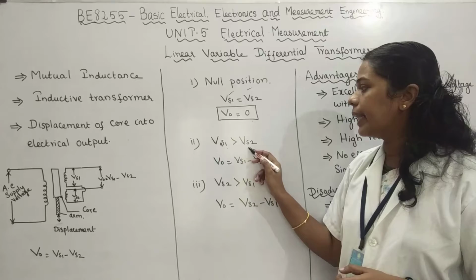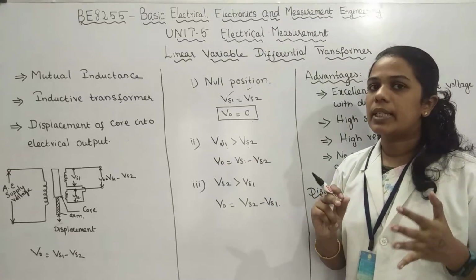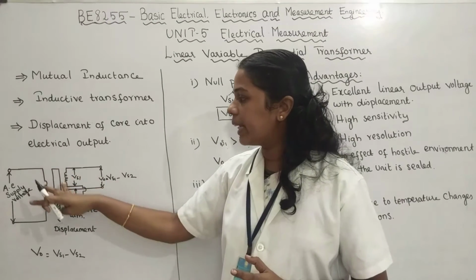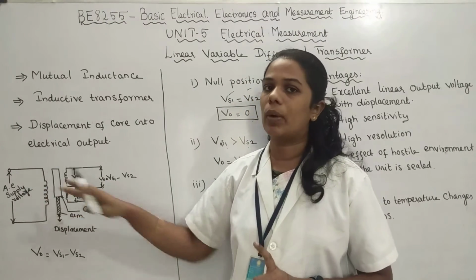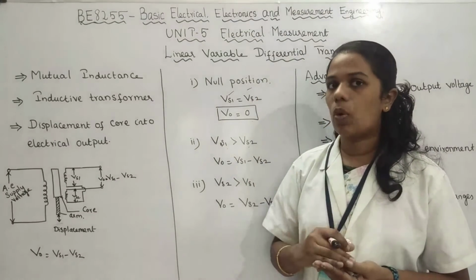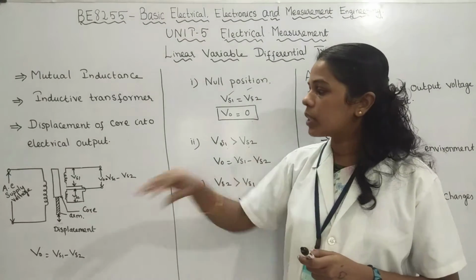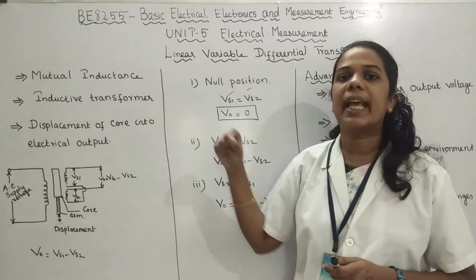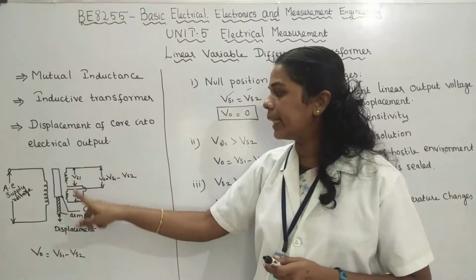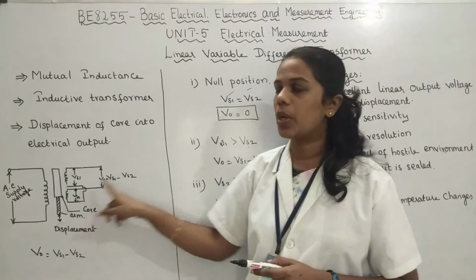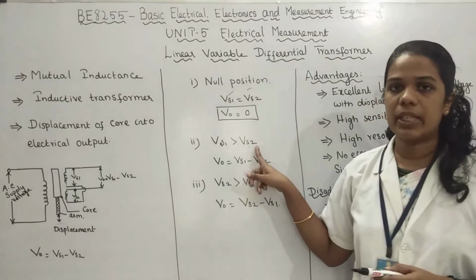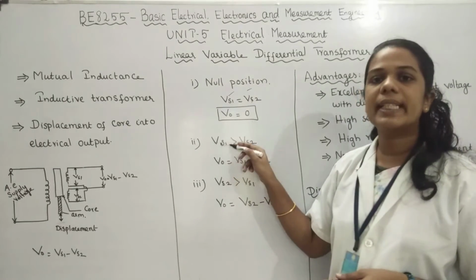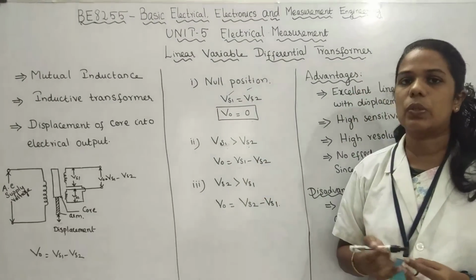Most of the core is in the secondary winding S1. So the total voltage V0 equals VS1 minus VS2.